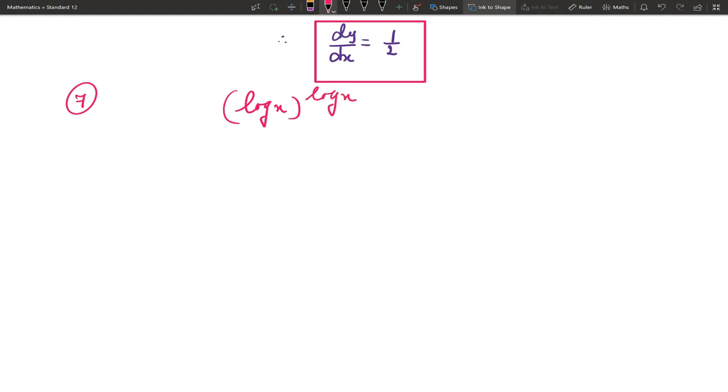Again this is of the form variable raised to variable, so you know how to differentiate it. By taking logarithm one can differentiate it easily. Solution.